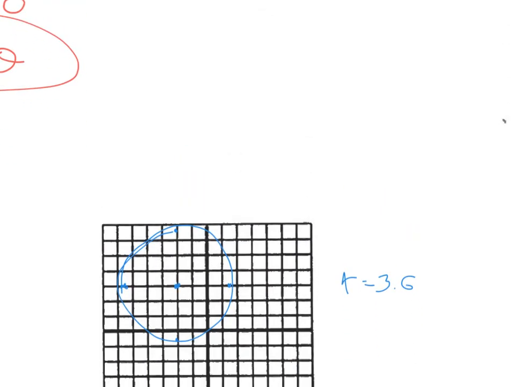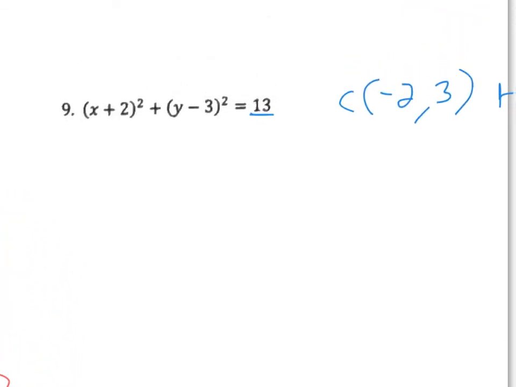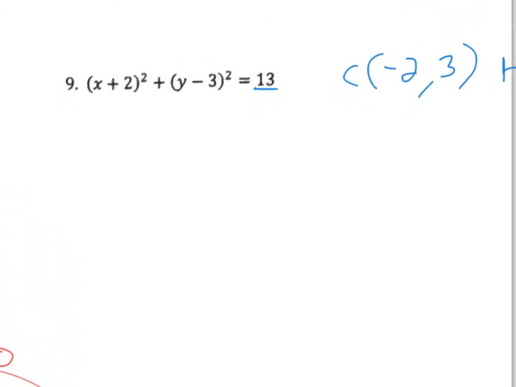I want to take this and convert all these x's and y's to sines and cosines and to r's as well. And then solve for r. So just like number 8, we're going to FOIL both of these out. So I can get x squared plus y squared. If I FOIL out the x plus 2 squared, we're going to get x squared plus 4x plus 4.